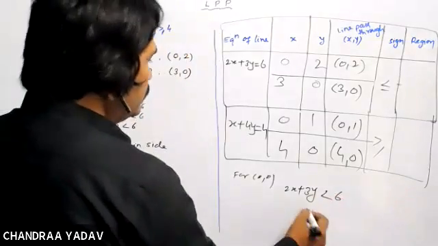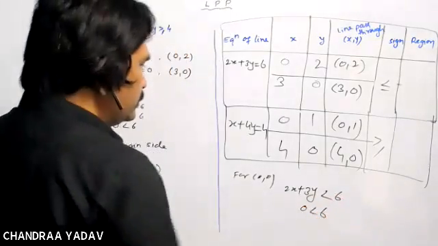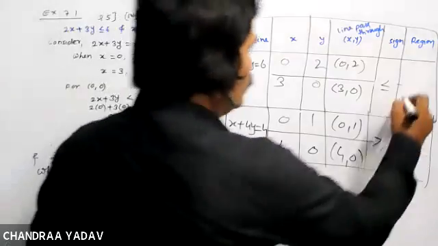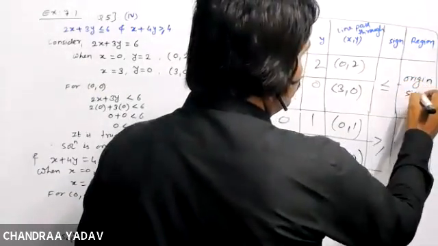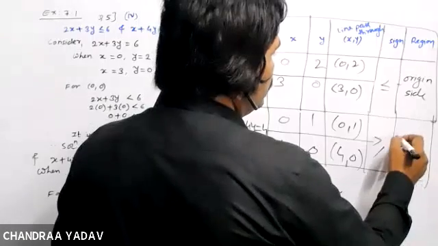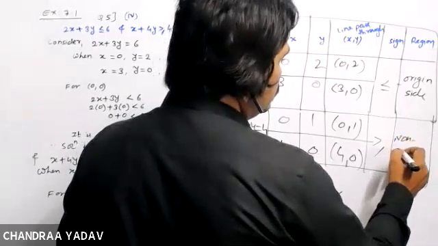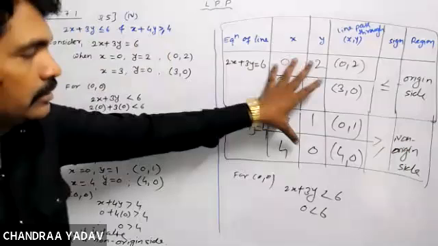So what do we get? That is 0 is less than 6. So we'll write here origin side. Same way we'll get non-origin here. So we have to write this for every form.